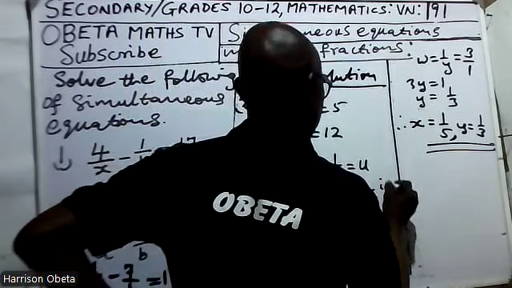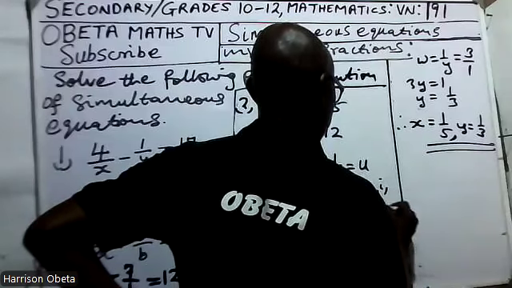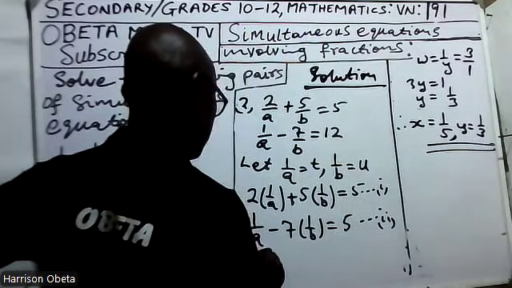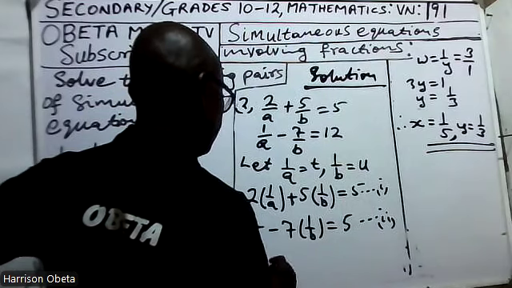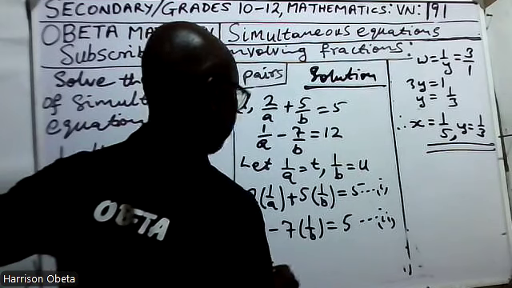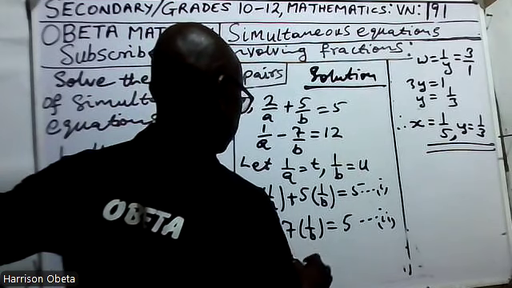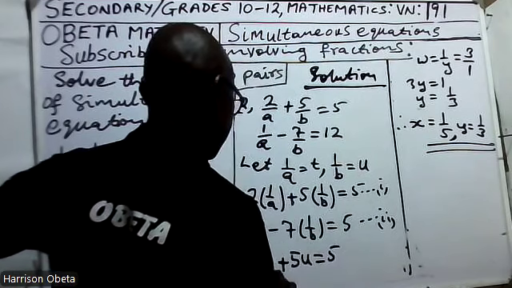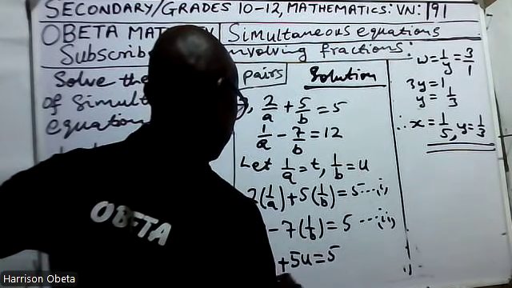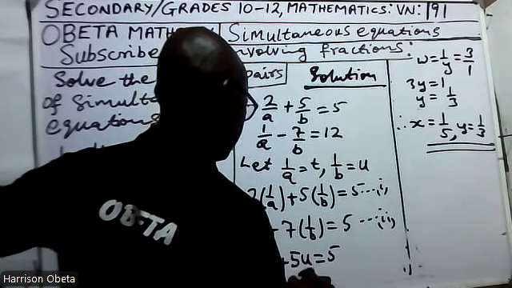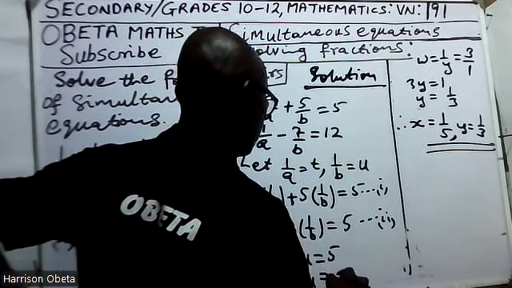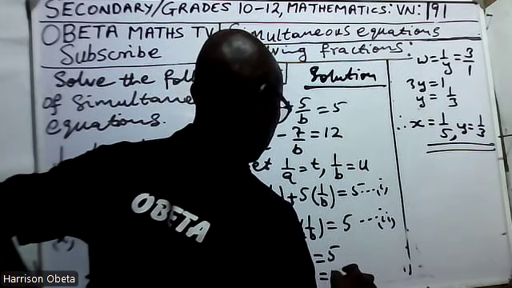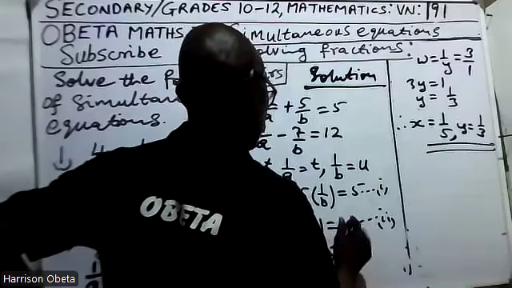So call this equation 1, equation 2. Replacing it with what we have here, that means we are talking of 2t plus 5u is equal to 5. And then t minus 7u equal to 12. Please, this is 12, not 5.